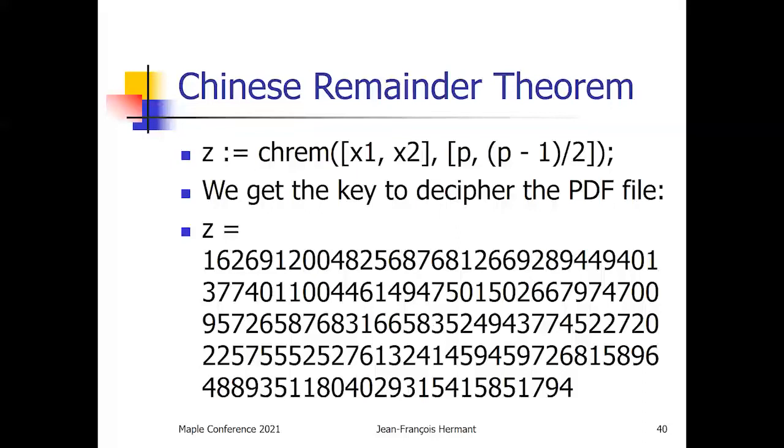So here we just have to issue this command, Chinese remainder of x1, x2, the values that we just computed, and the moduli p and (p minus 1) divided by 2. And then we get the key to decipher the PDF file. This is the key. See.